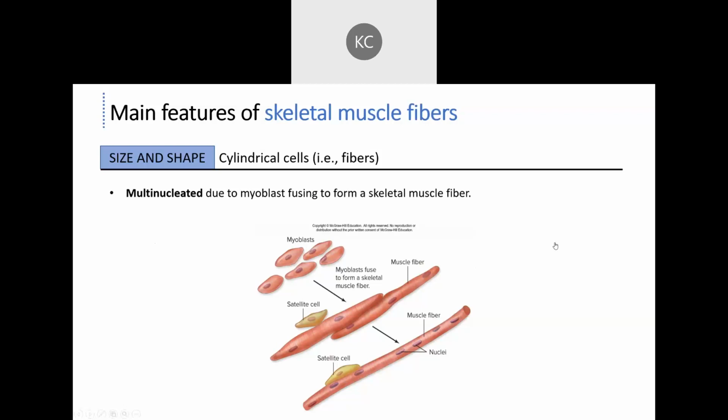And so the way we get this multinucleated cell is you take individual smaller cells during development called myoblasts. So the term myo is referring to muscle. Any cell that ends in blast typically is referring to the building cell, the cell that contributes to the building of something else. And so myoblasts are the cells that contribute to the building of muscle fibers or muscle cells.